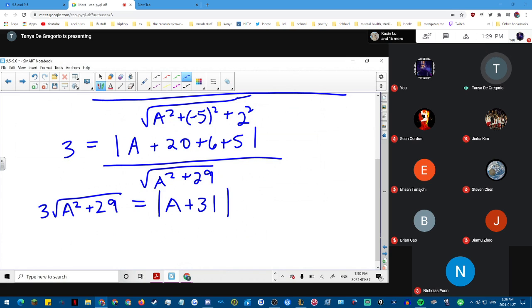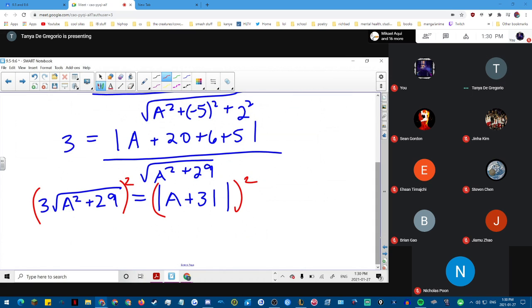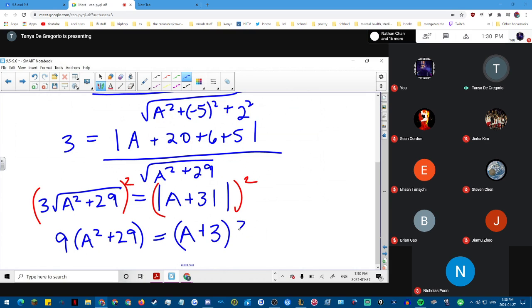To solve, I've got 3 times the square root of a squared plus 29 equals the magnitude of a plus 31. So in order to solve for a, I need to square both sides. So this is going to be a plus 3 squared, right? And so it's a plus 3 times a plus, oh, no, it's not 3. It's 31. I apologize.